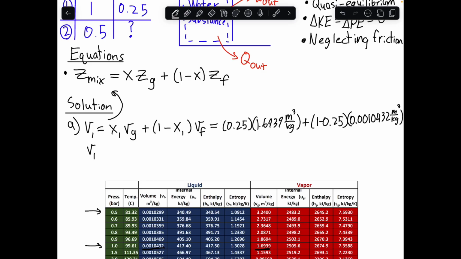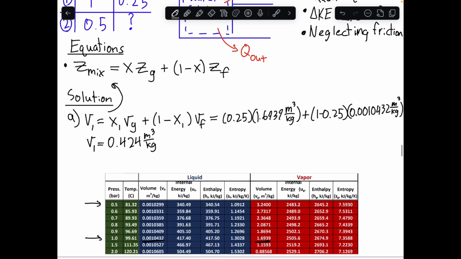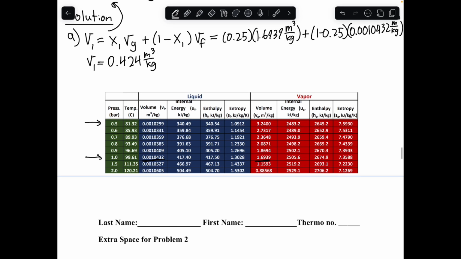And this should evaluate, if you plug it into your calculator, to 0.424 meters cubed per kilogram. Great. So now let's just move down to the next page here, but I will copy this down.